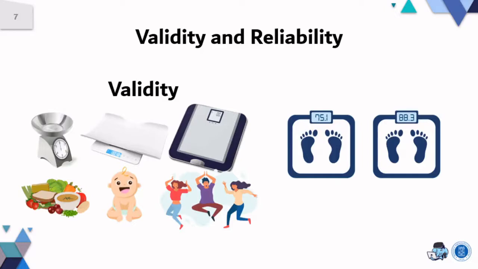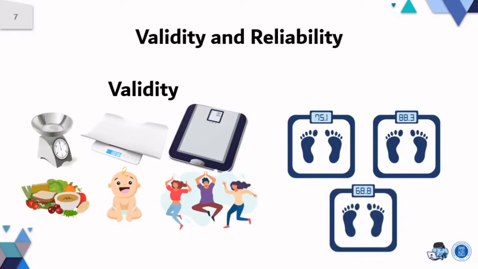But somehow, you are a bit relieved because there must be something wrong with the scale. Then for the last time, you step on the scale again, and it shows 68.8 kilos. From this result, you conclude that the measurement tool is not reliable. You will not get the right information about your body weight from it.